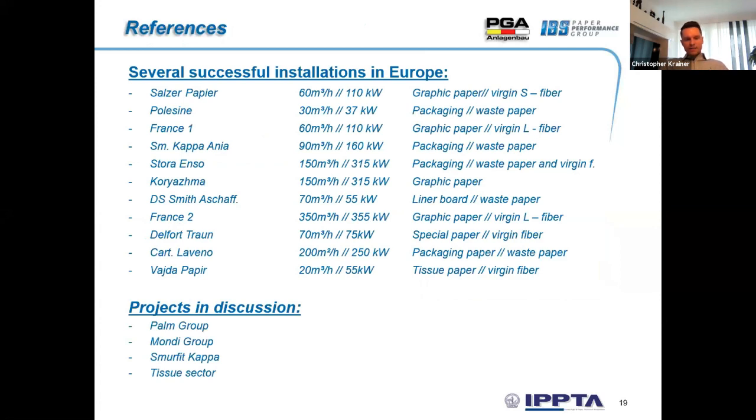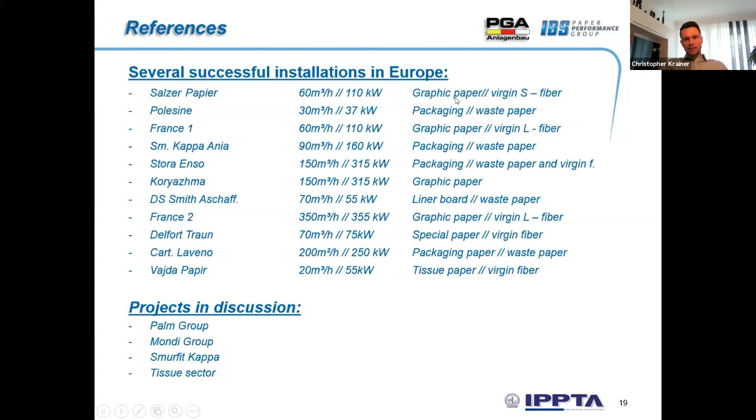References: we have installed a total of 11 machines. First one was Salza. We have also a machine installed at Italy, Polesine. This is confidential. France 1 and 2. In total, you can see 11 machines from a range of 30 cubic meter per hour up to 350 cubic meter per hour.